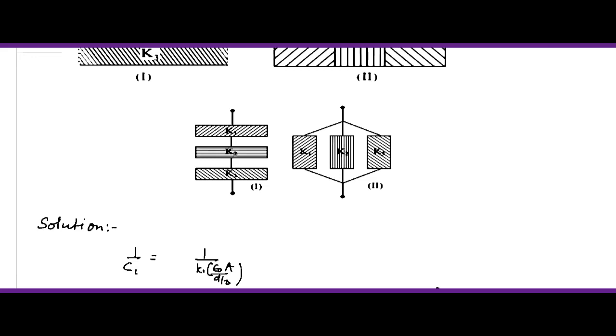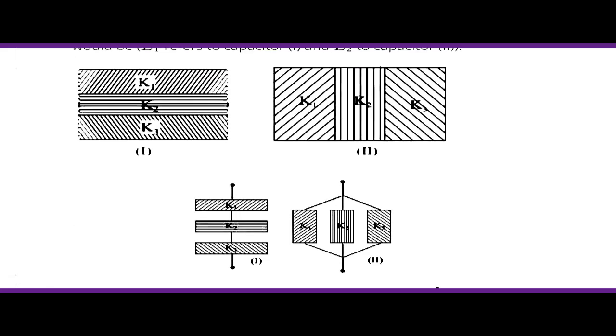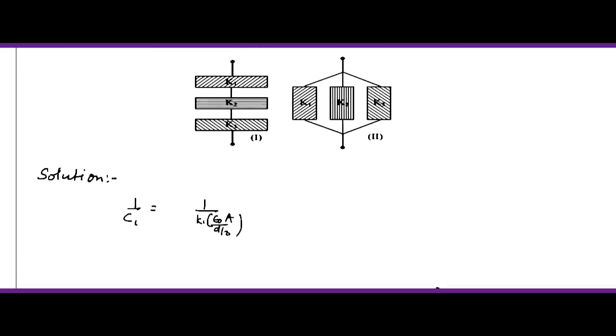As given in the question, the distance is d, and the distance d is divided into 3 parts. So for K1 it will be d by 3, for K2 it will be d by 3, and for K3 it will be d by 3.